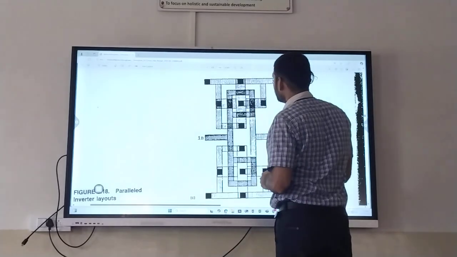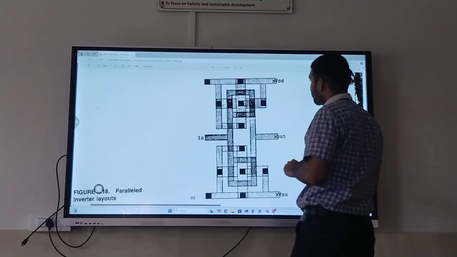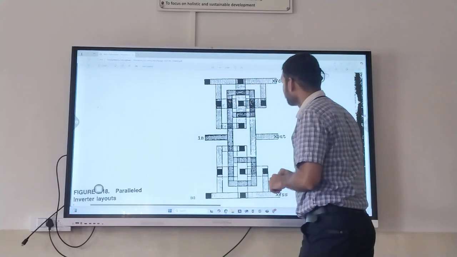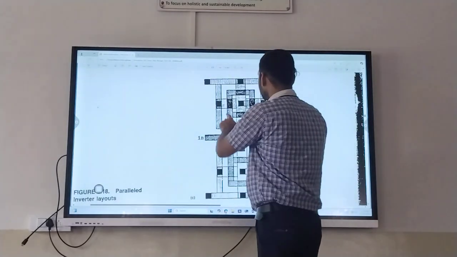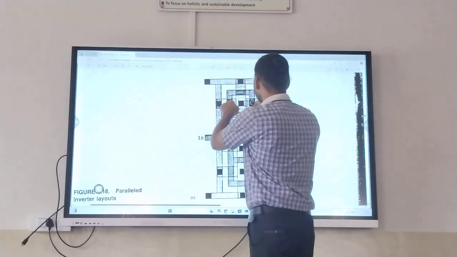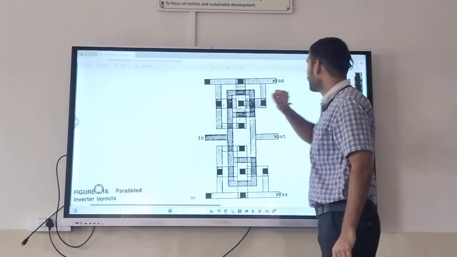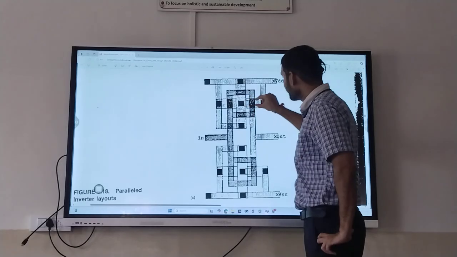Then this is the drain. This is the drain which is shorted here.